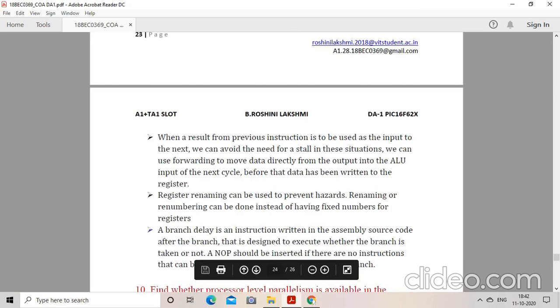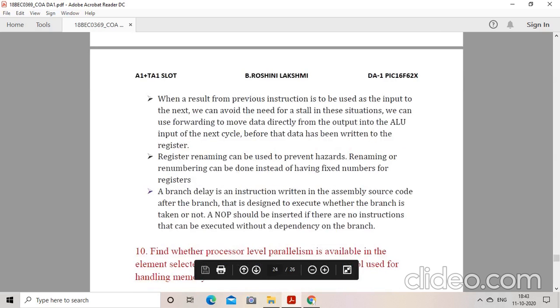Renaming or renumbering can be done instead of having a fixed number of registers. A branch delay slot is an instruction written in the assembly source code after the branch that is designed to execute whether the branch is taken or not. A NOP should be inserted if there are no instructions that can be executed without a dependency on the branch.